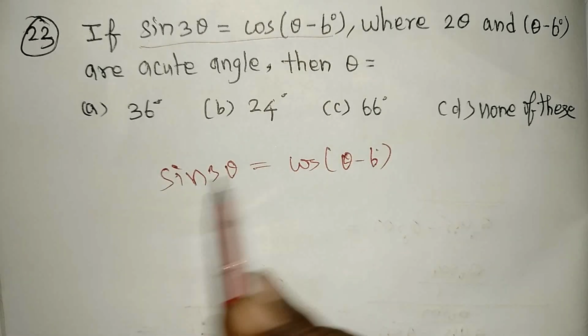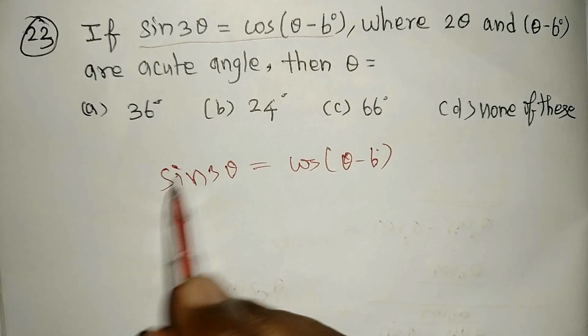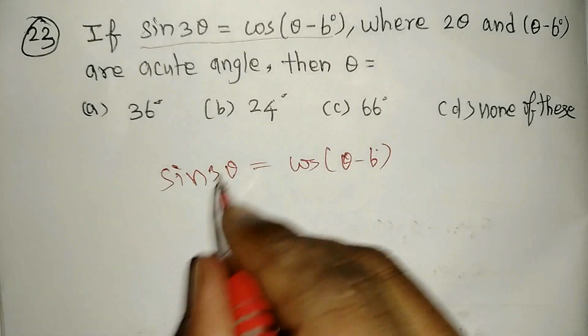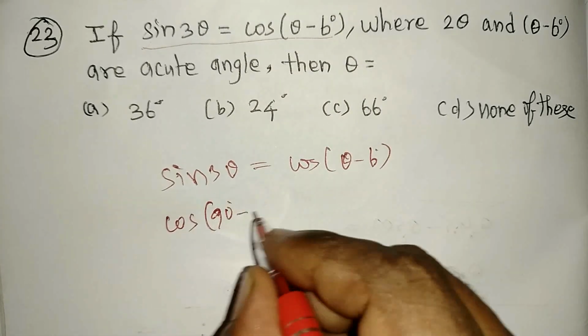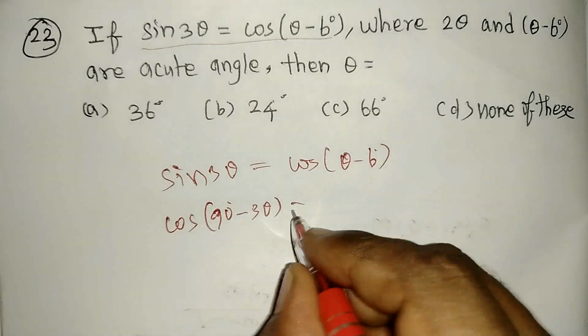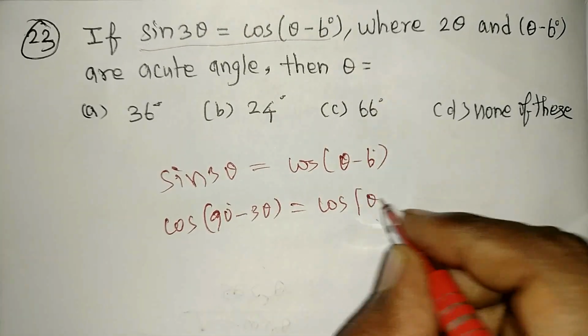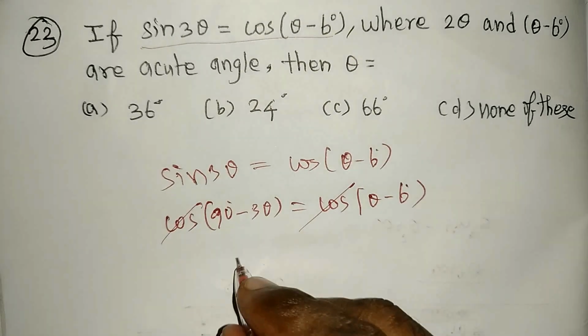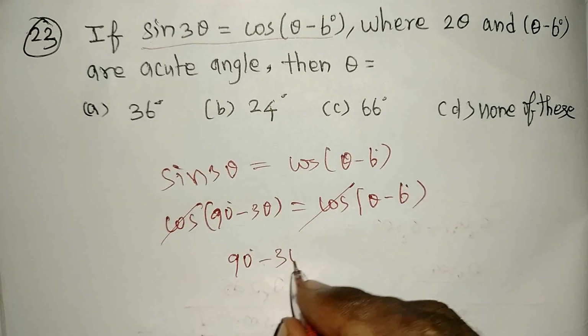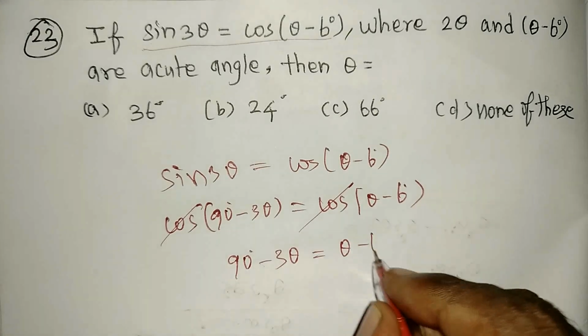So both you can bring to the same function. I'm going to use the complement here. So this sine 3 theta I'm going to write as cos of 90 degree minus 3 theta. Here also we have cos of theta minus 6 degree. Now this cos will be cancelled.